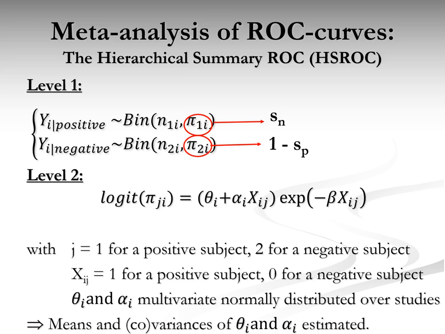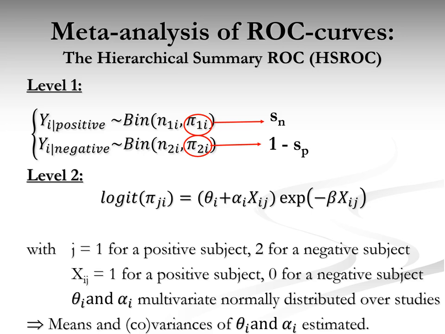Now, how can you meta-analyze ROC curves? Well, you can use this model. At the lowest level, within studies, we have the same equations as before. So we say that the number of positively tested cases, given that cases are positive, follows a binomial distribution with the number of positive cases and with a specific sensitivity rate.